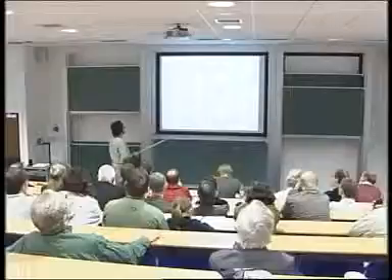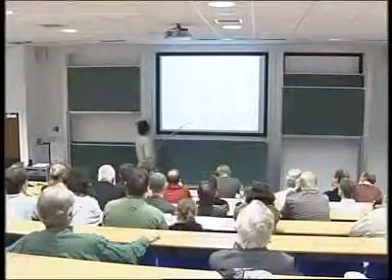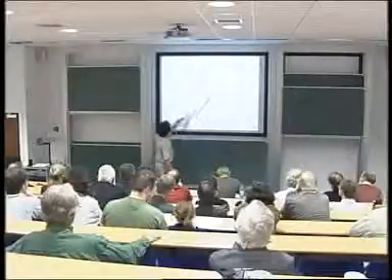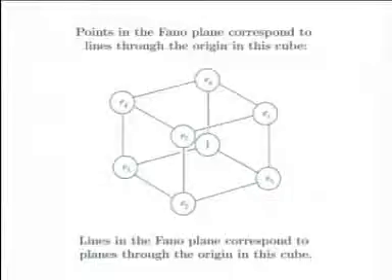And the things that I had been calling lines before are really planes through the origin. So for example, there'd be a plane here. This one really looks a lot like a plane, and that would correspond to the line that had E3, E4, and E6 on it in the previous transparency, and similarly.